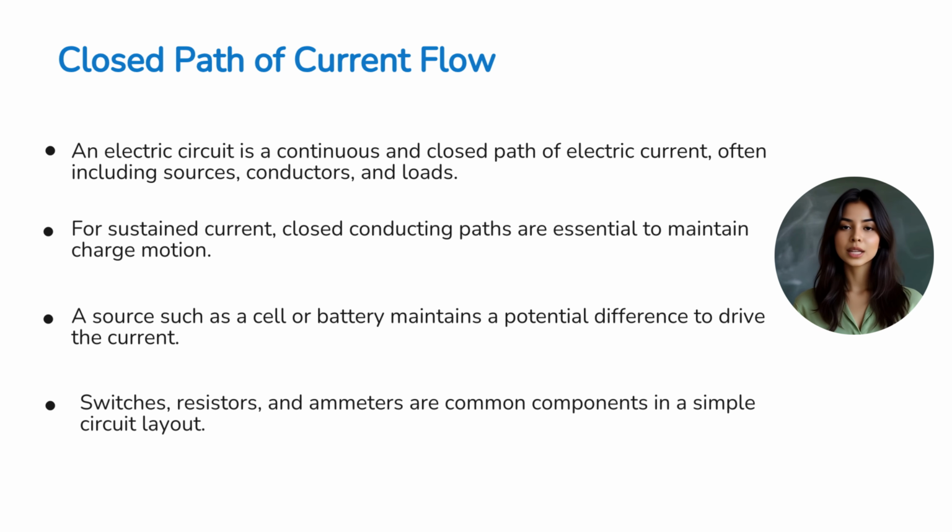If there's any break, the flow stops, just like you can't run a race if the track is incomplete. The battery acts like a pump, maintaining a difference in electric potential to push charges around this loop. Along the way, we often control or measure the flow using switches to start or stop current, resistors to limit it, or ammeters to measure how much current is flowing. These parts make sure our circuits work safely and effectively every day.